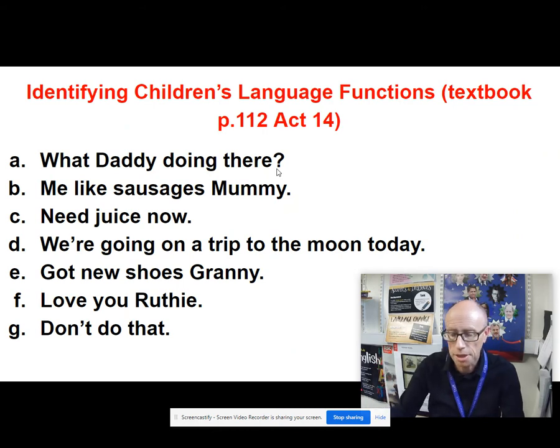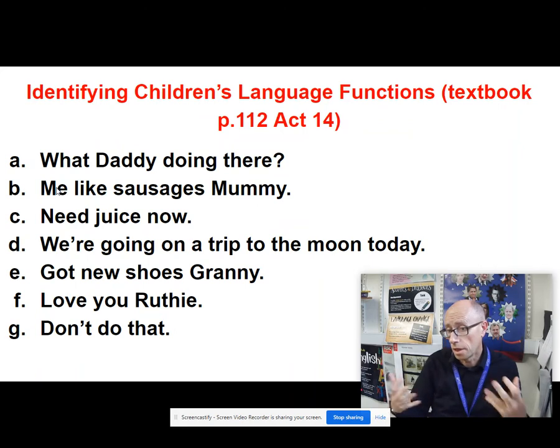B, "Me like sausages, mummy." Again, it's non-standard, and there you've got the non-standard use of the pronoun here, because what you've got here is a first-person singular object rather than subject pronoun. In standard English, it would be "I." Now, what is the function of this? It could be a whole range of different things, couldn't it? In terms of Halliday, it could be regulatory, or rather, I should say, instrumental.